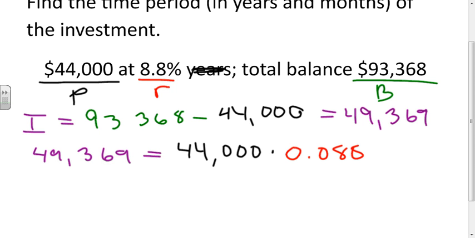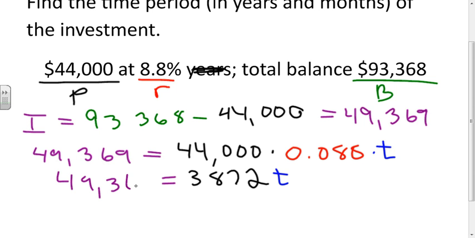This is what I don't know. I multiply the principal and the interest rate together. If I multiply both of those together, I get $3,872 times t. And all of that is equal to my interest of 49,369.